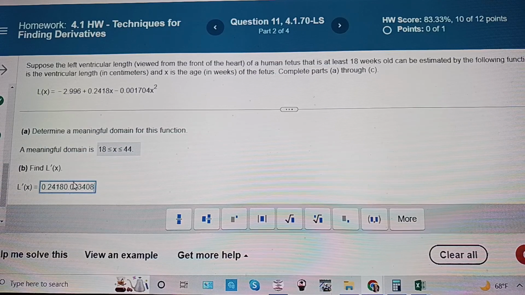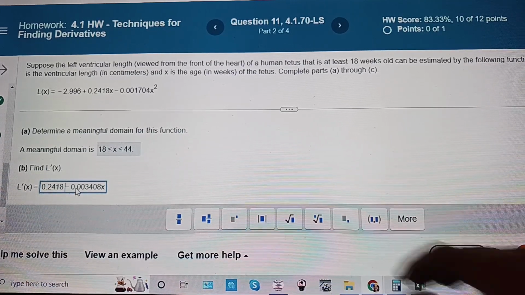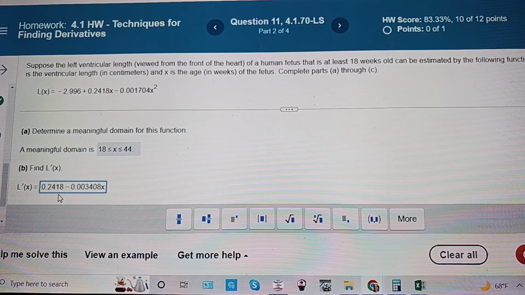And one thing too is if the problem has decimals, that's usually a time where decimals are okay, first of all. And then x, decrease the exponent by 1. So this quadratic is going to drop down to a linear. Whoops, I forgot to put my minus there. I must have hit 0 instead of minus.